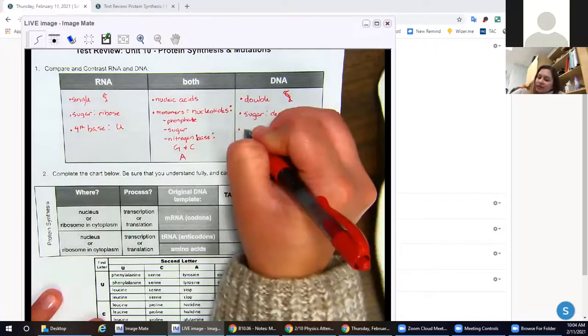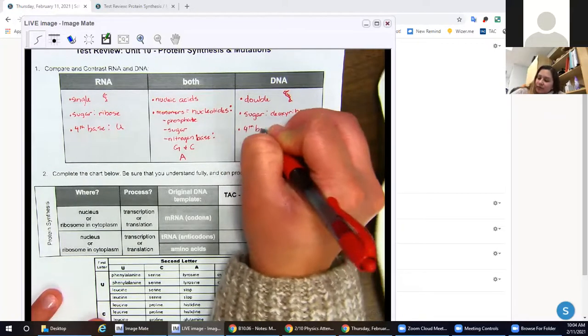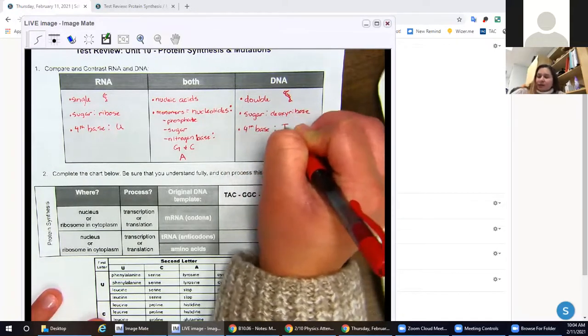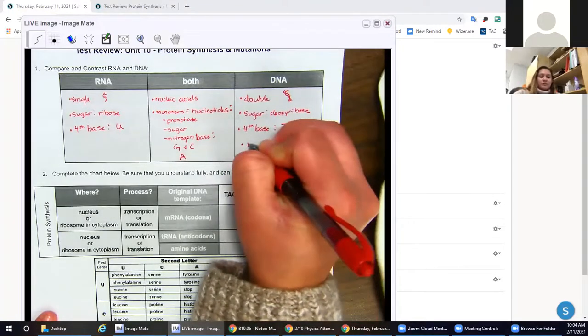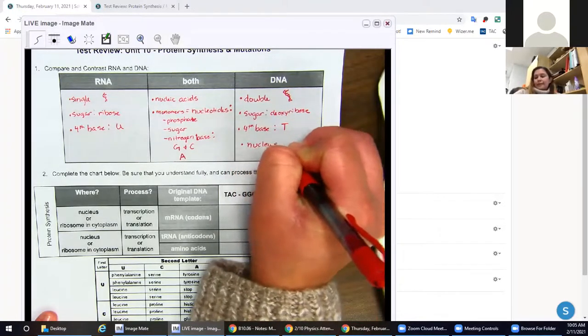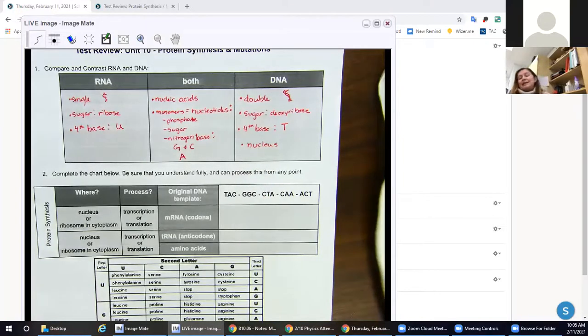For DNA, the 4th base is going to be thymine. And the last thing that's different is that DNA only stays in the nucleus. RNA can leave the nucleus. It's small enough that it stays in the nucleus and in the cytoplasm. It can move around wherever it wants.